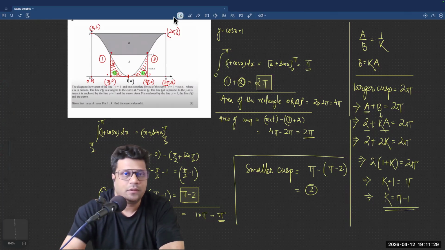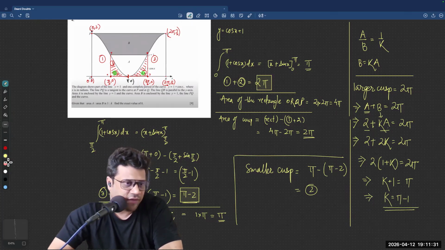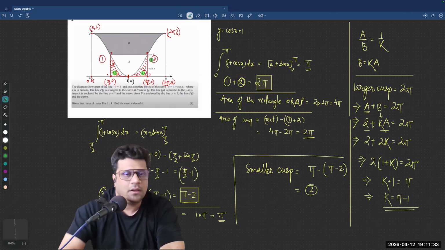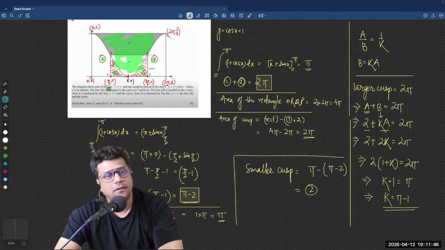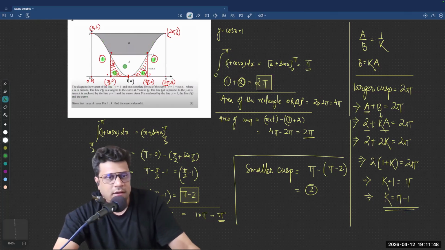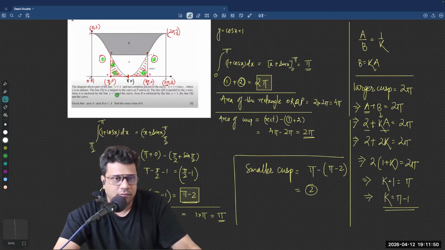There. Okay. So the idea was to find out 1 and 2, remove them from the larger rectangle to get this whole thing. And then to find out 3 and 4, remove them from the smaller rectangle to get this thing.